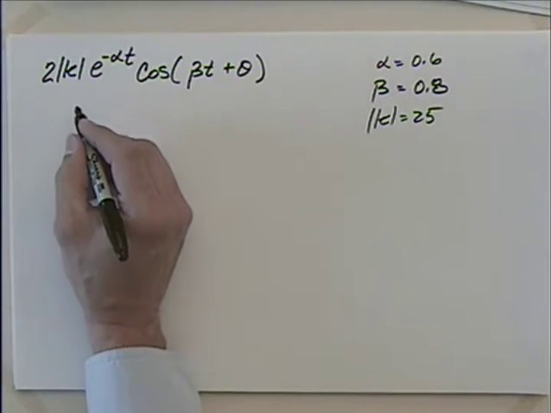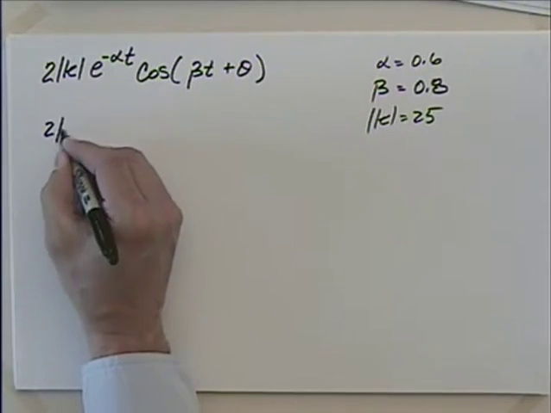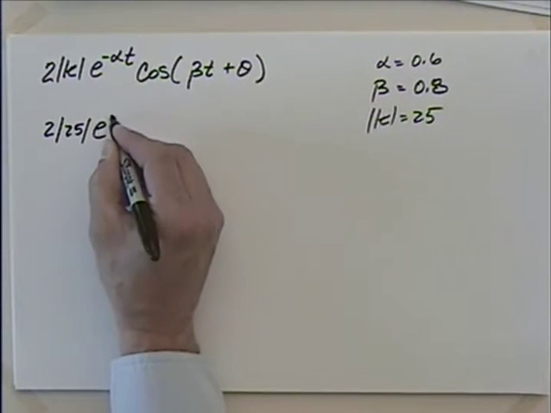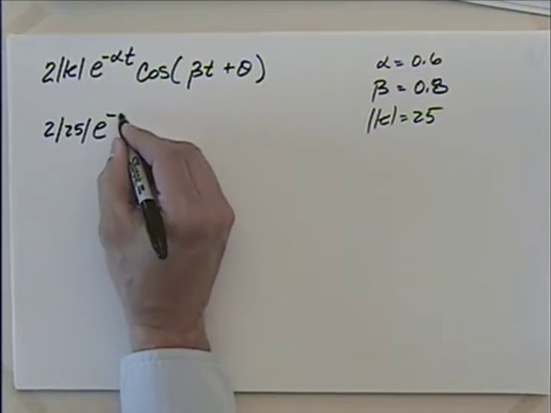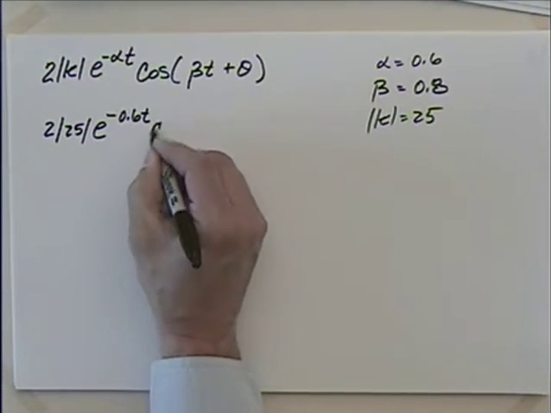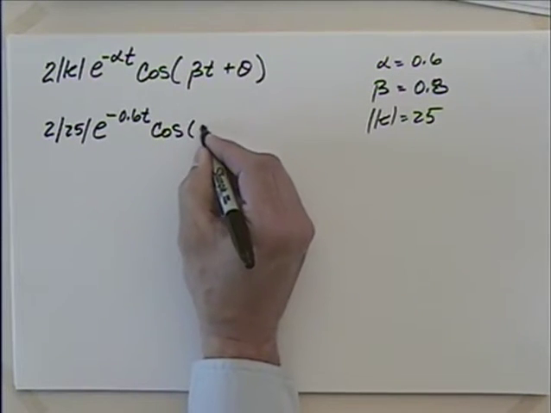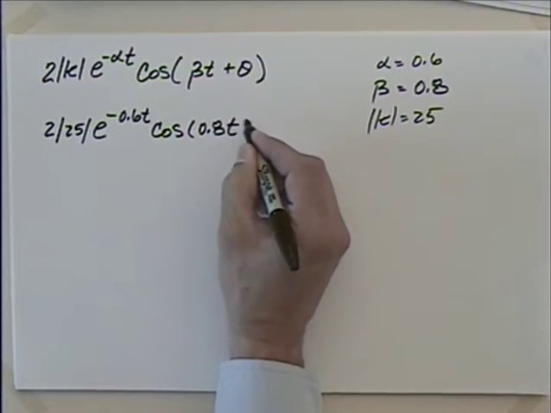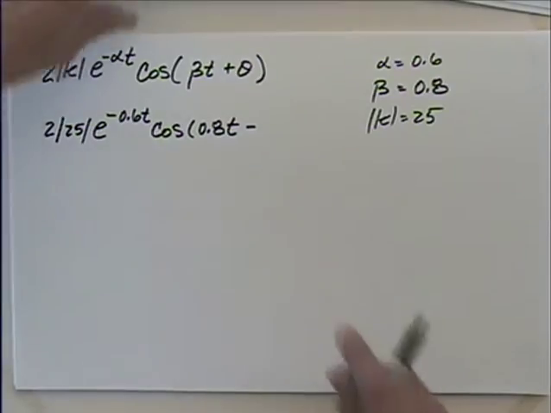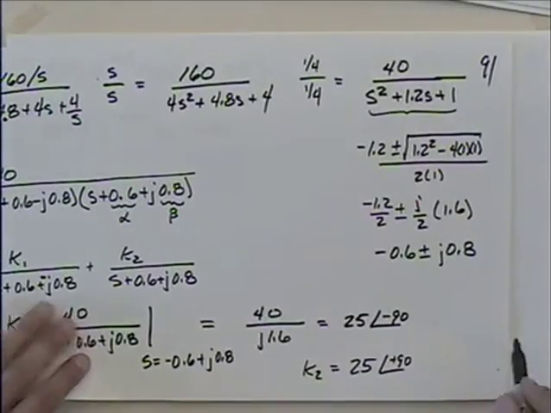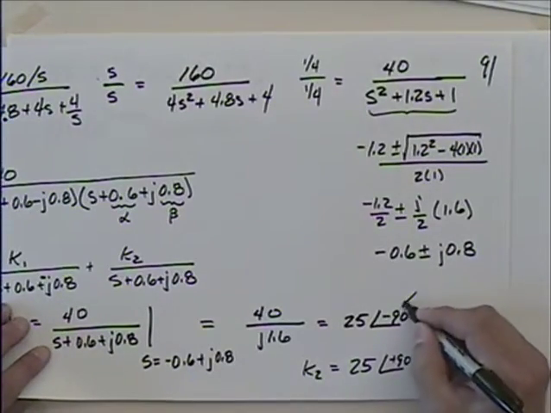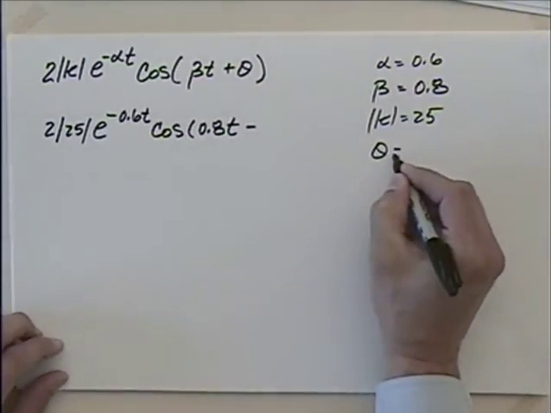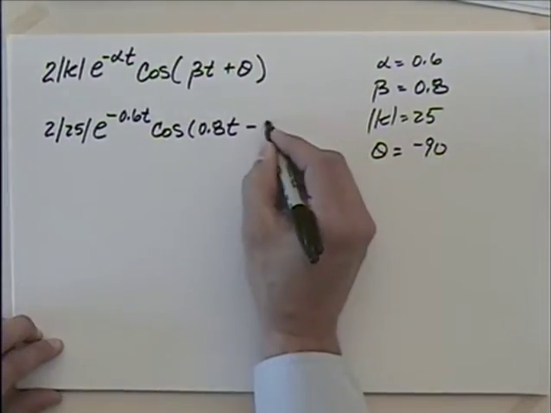We've got then 2 times 25 e to the minus 0.6t times the cosine of 0.8t minus, oh, we didn't do theta, did we? This is going to be our theta. So our theta is minus 90.